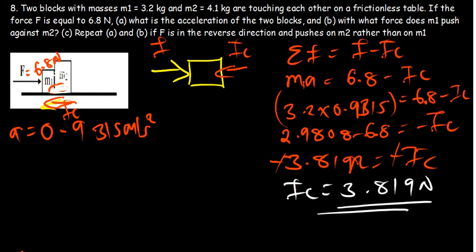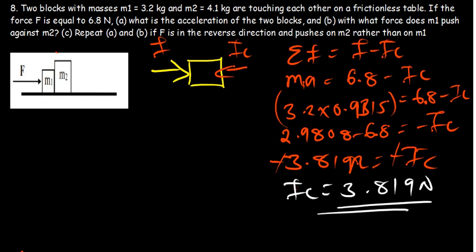But what if I want to use m2 only? We see if we can get the same answer. We're supposed to get the same answer because Newton's third law states that the force that m1 is pushing with is supposed to be the same as the force that m2 is pushing with. So let's get m2.